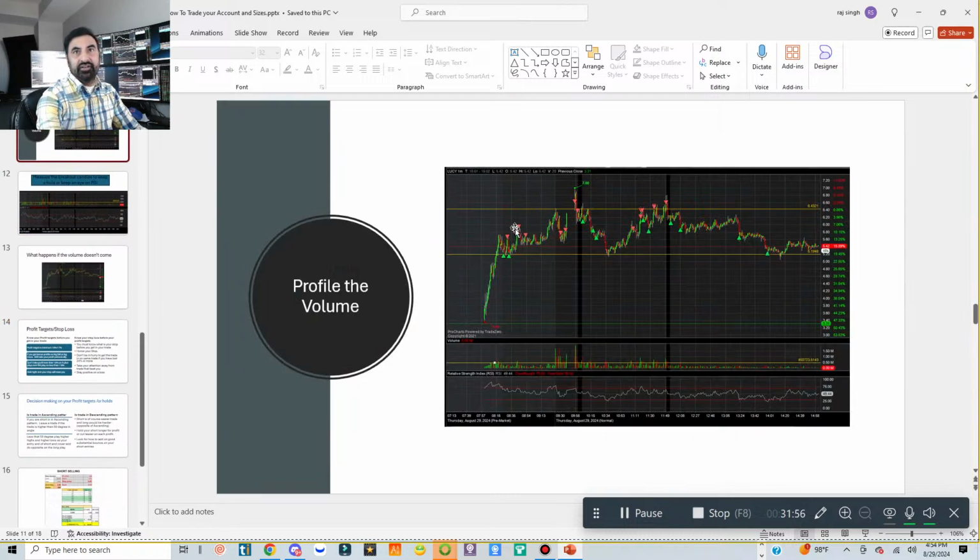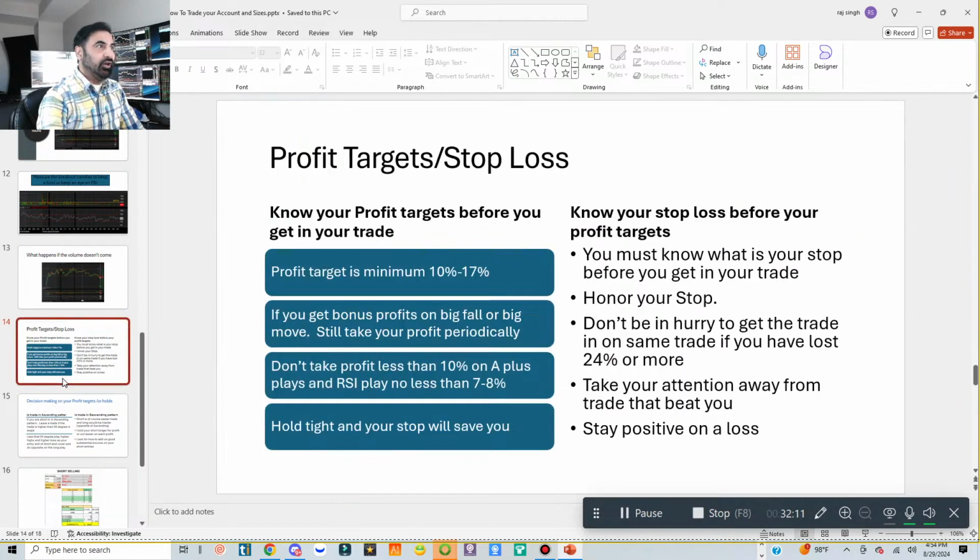When you get into your trade, you have to know, is it the upside that is more or is it the downside? And a few other criteria, like what's happening with the volume profiling and RSIs and things like that, right? So now, going back to profit targets and stop losses, know your profit targets before you get into a trade.